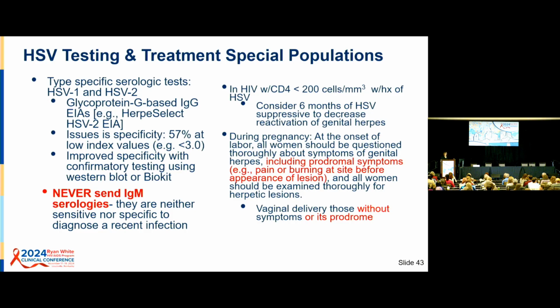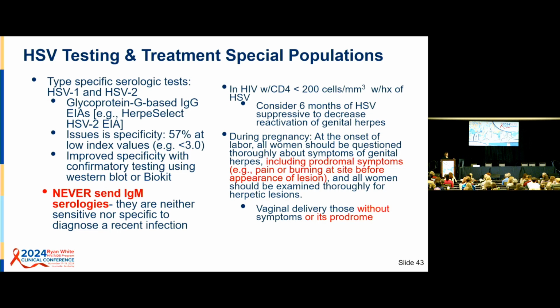I think we do still suppress for HSV because we want to think about transmission of HSV and transmission of HIV. So suppression has not completely gone away. In addition, it's not completely linked to development of resistance if somebody is really good about taking it daily. So I think you could still consider HSV suppression, especially in your HIV population.